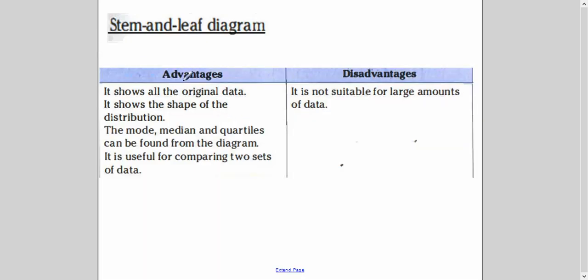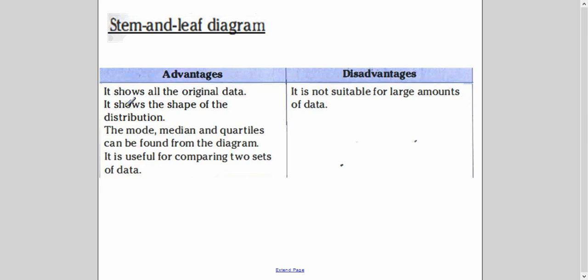And in the last, you can see the advantages and disadvantages of a stem and leaf diagram. These days it is usually asked in the exam, so you should know, with respect to each type of presentation, what the advantage of it is and what the disadvantage is. Number one advantage of a stem and leaf is that you have the original data.